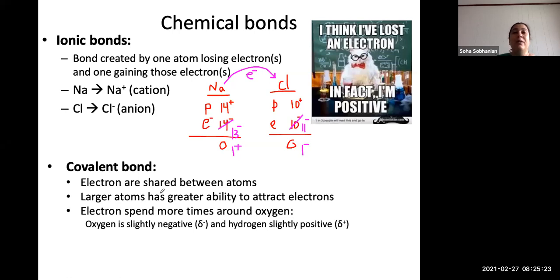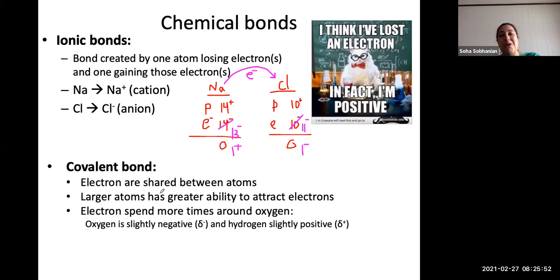Rather, to form the molecule, the glue that brings these atoms together is sharing of the electron. So not gain or loss of electron, where one is losing something and the other is gaining something. In a covalent bond, the two atoms say, okay, let's be mature about it. Let's put what we have in the middle and let's share them. I know the atoms don't talk, but the idea is there.